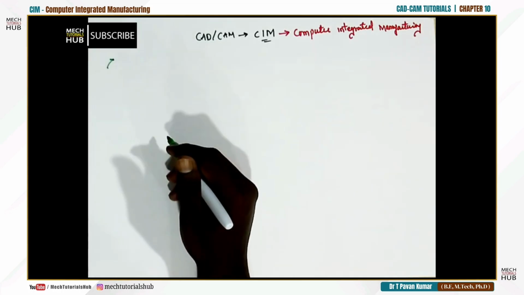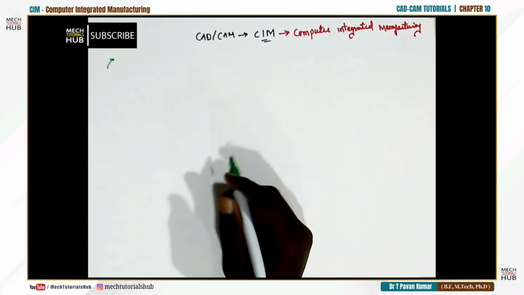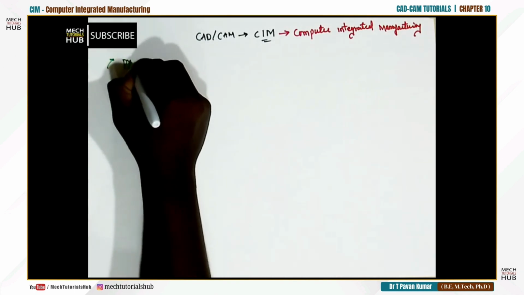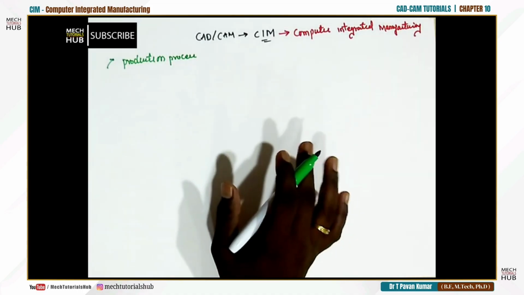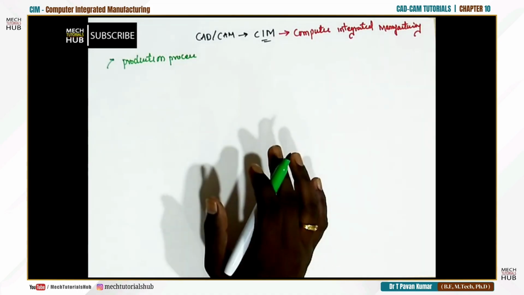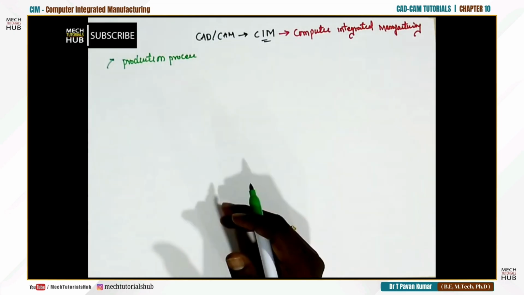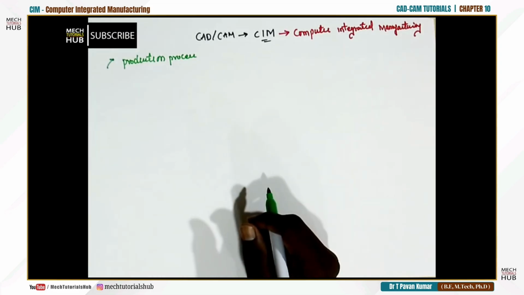So in this CIM system, if you want to define it, it is a manufacturing process of using computers to control the entire production process. The entire production process, everything from material purchasing till the dispatch of the component, or machine procurement, tools procurement, jigs and fixtures procurement.